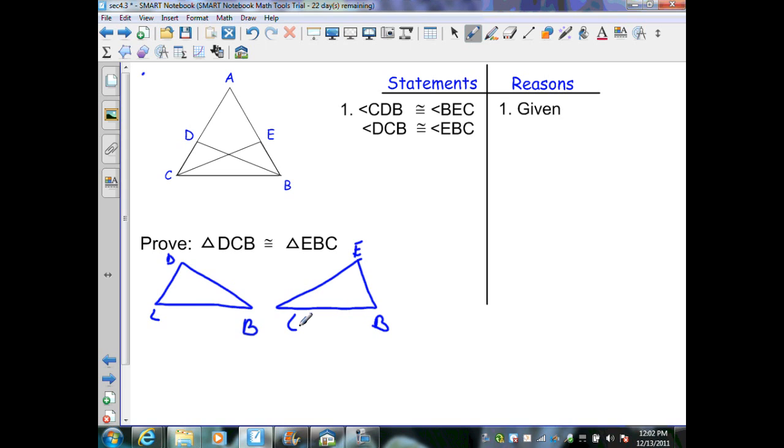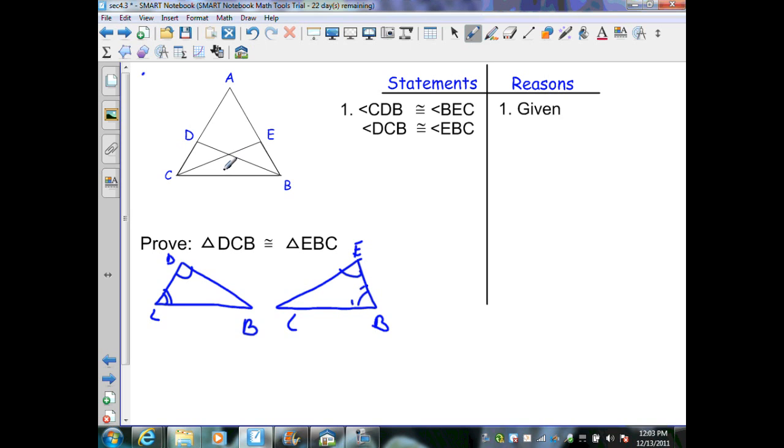And if I use my given, I know that angle CDB is congruent to angle BEC. I also know that angle DCB is congruent to angle EBC. What else is given to me is in the diagram itself.